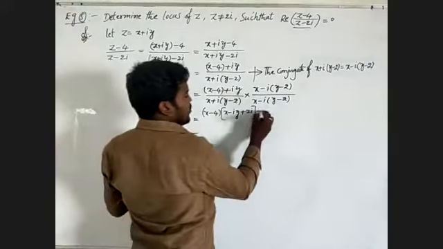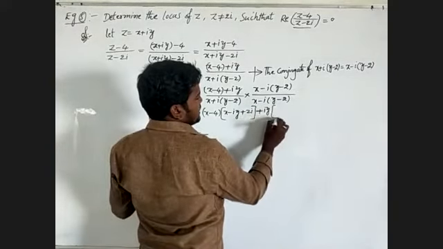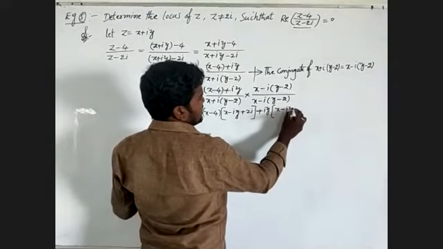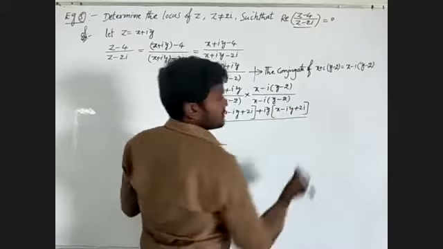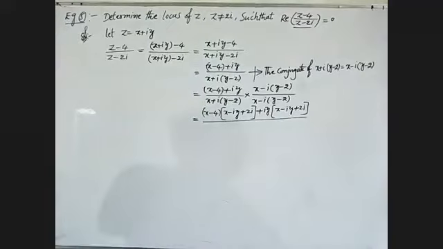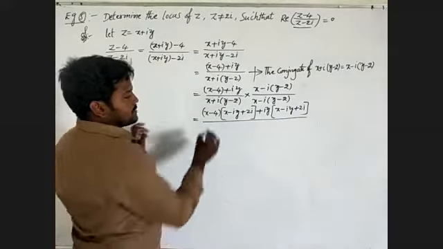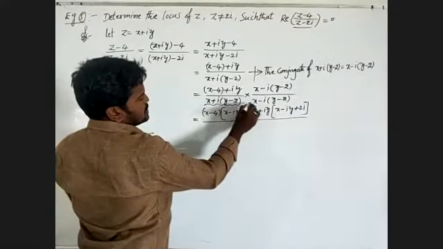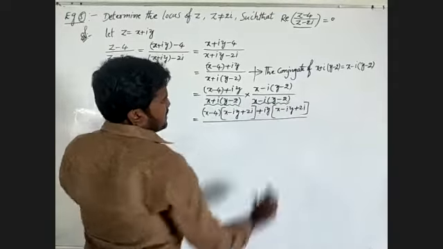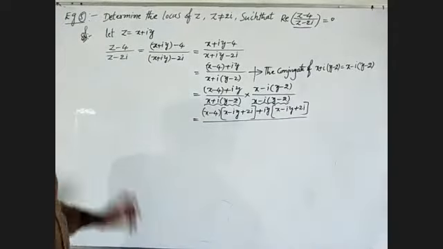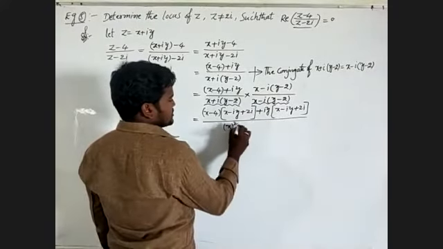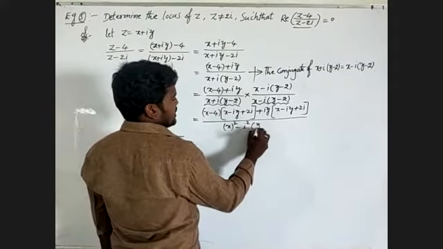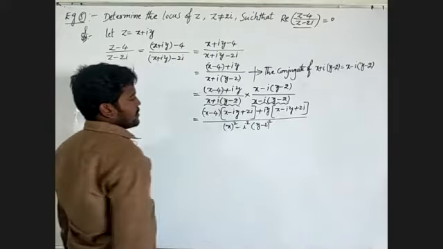After that, iy is also multiplied by the given term, that means x minus iy plus 2i. The denominator is of the form (a plus b) into (a minus b), which is a square minus b square. I will write x square minus i square into (y minus 2) whole square.